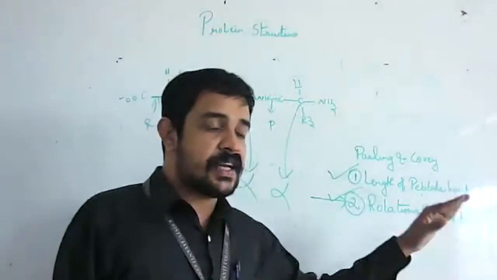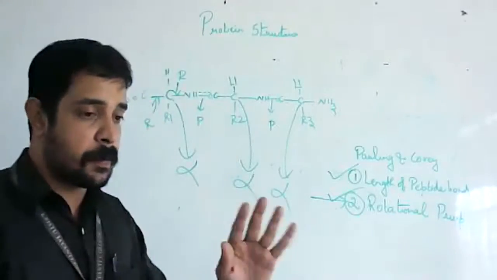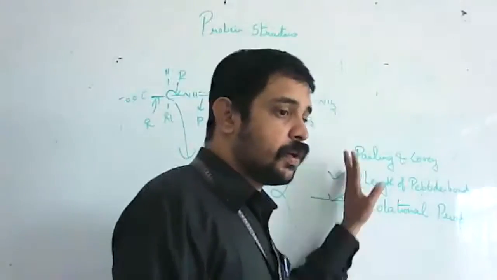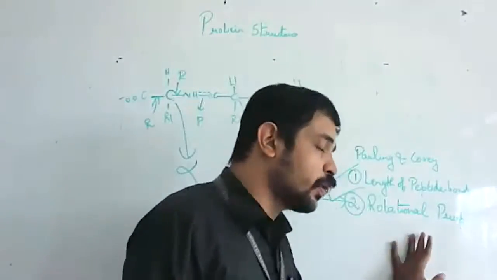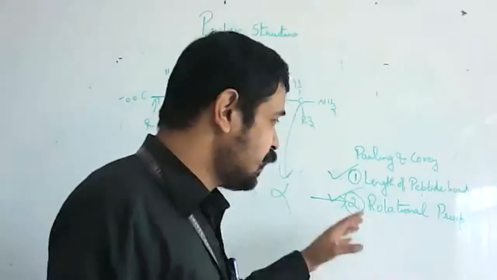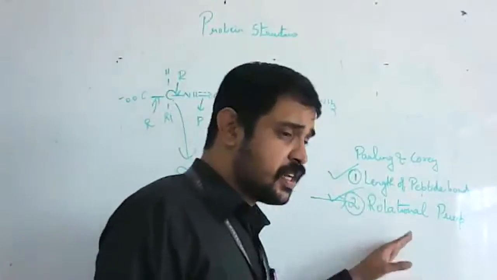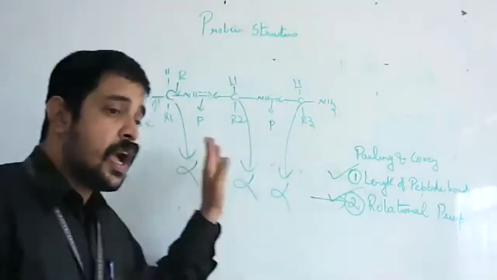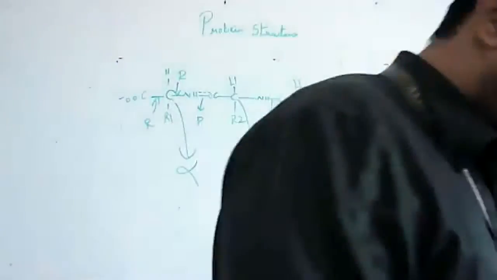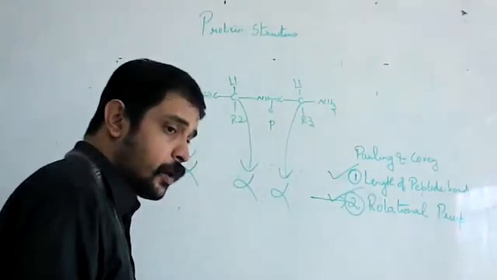The primary structure simply contains amino acids which are linked together by peptide bonds. And in the primary structure, it is very important to understand the major discoveries of Pauling and Corey based on X-ray diffraction studies. So based on X-ray diffraction studies, there are two major discoveries and their explanation. So that is done. Now, with this we are coming to the end of the primary structure of protein.